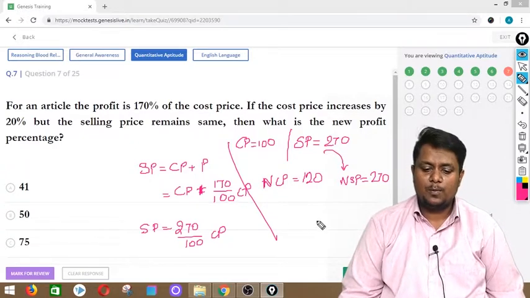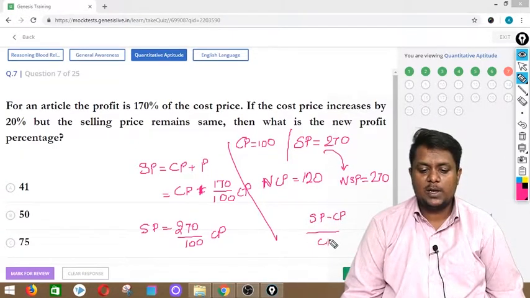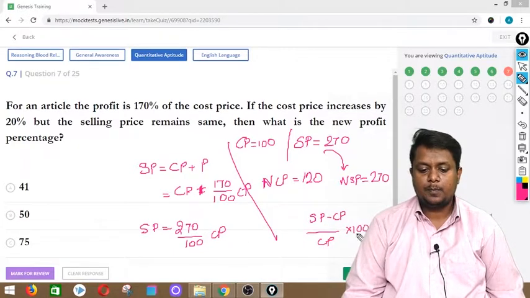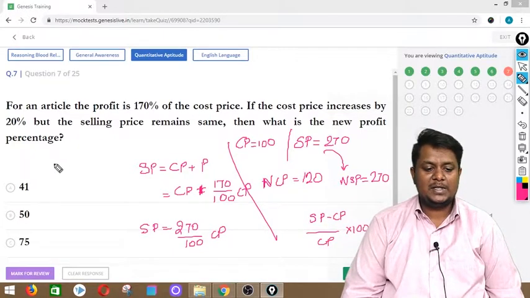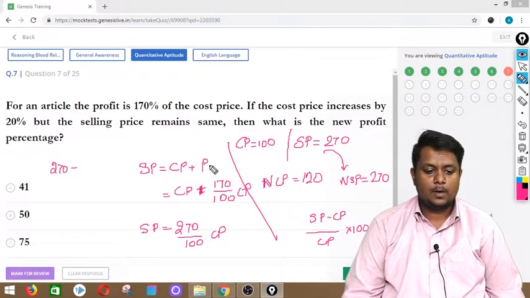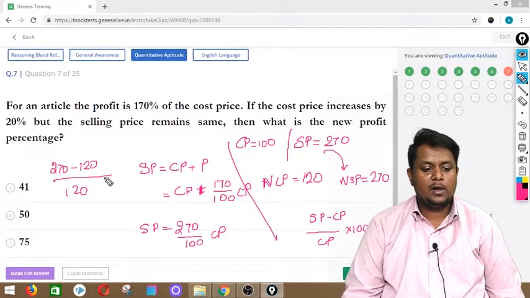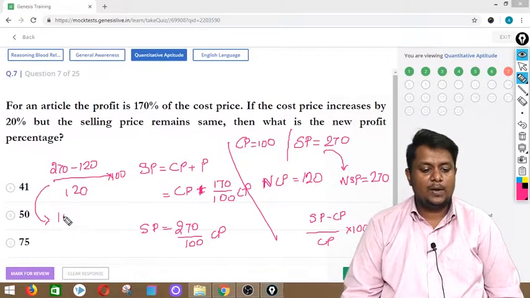How do we find out profit percentage? Selling price minus cost price, divided by cost price, into 100. In this case, the selling price is 270, cost price is 120, divided by 120 into 100. This will give the profit percentage. This is 150 by 120 into 100.